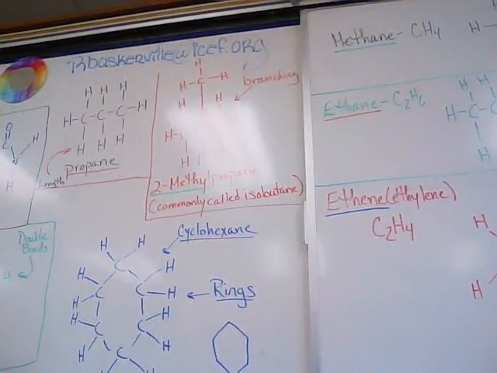Enantiomers are isomers that are mirror images of each other. Okay. There are some carbons that are called asymmetric carbon, spelled A-S-Y-M-M-E-T-R-I-C, asymmetric carbon, because it is attached to 4 different atoms or groups of atoms.